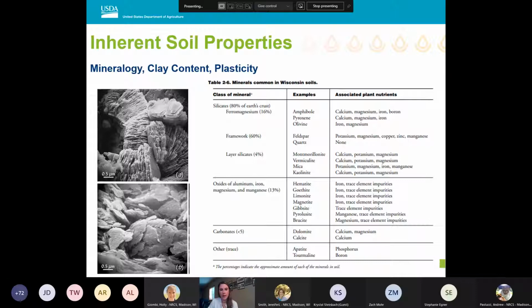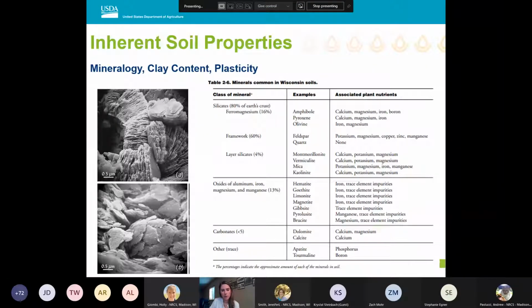If you look at quartz, for example, you can see that it essentially contains no plant nutrients. So the inherent mineralogy of your soil can determine what I would call an inherent fertility. For quartz, if that's part of your mineralogy, you're not going to have a bunch of nutrients in there. But if you look at things like feldspars that contain potassium, calcium, magnesium, copper, or some of these other minerals, that can determine the fertility of your soil.